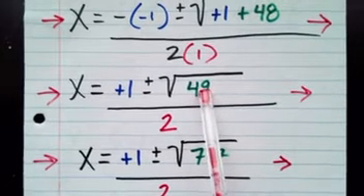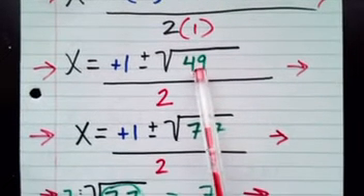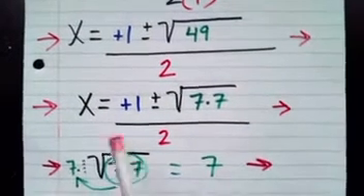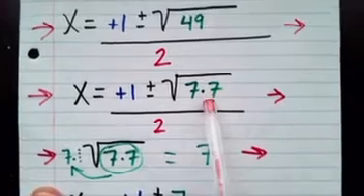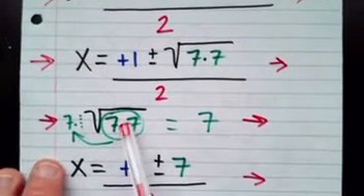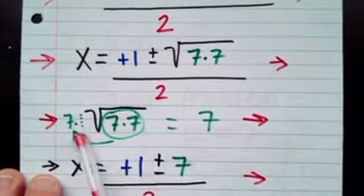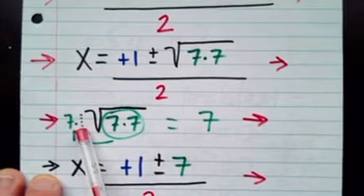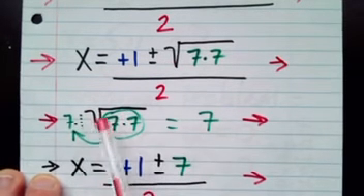Now, let's simplify this square root. 49 is a perfect square. I know 49 is 7 times 7, right? I'm simplifying perfect squares. I got two perfect pairs, so I can pull one outside the radical as 7 times the invisible 1. There's an invisible 1 in front of that radical.